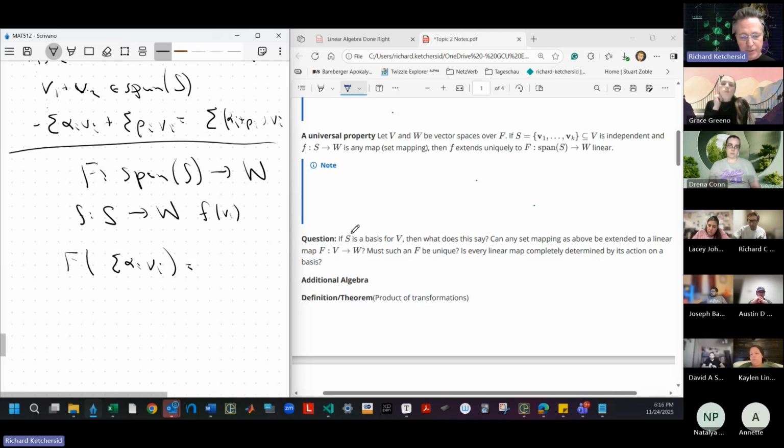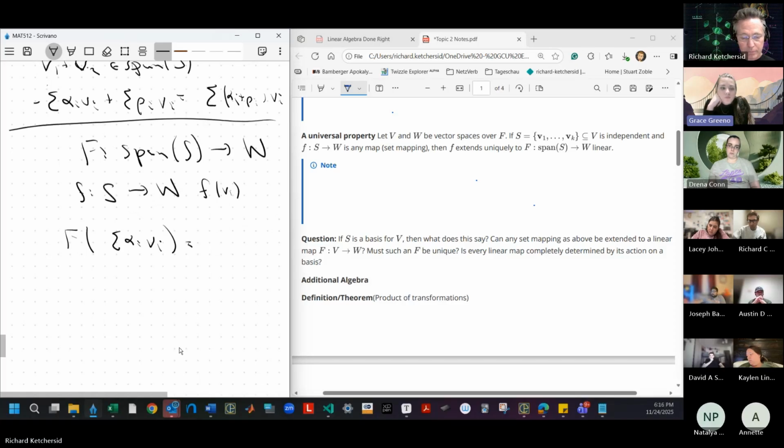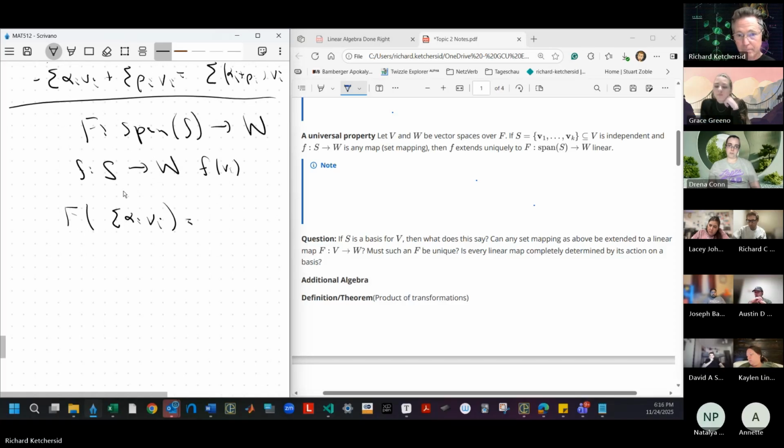What's an obvious definition there? The goal is to be linear. So if it's going to be linear, there's really only one choice. And if I had this thing and it was linear, what would the answer have to be?